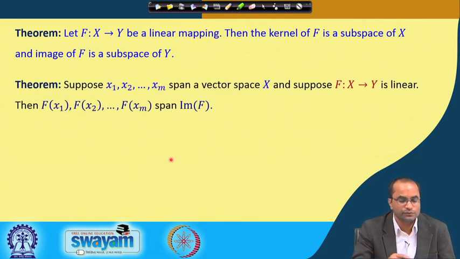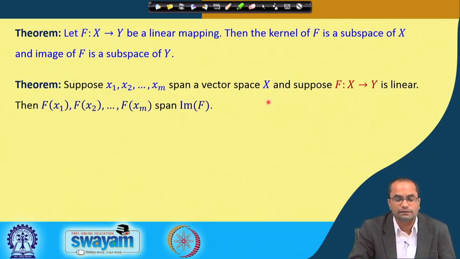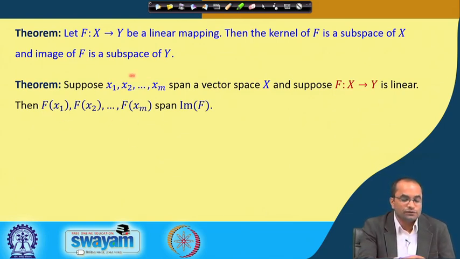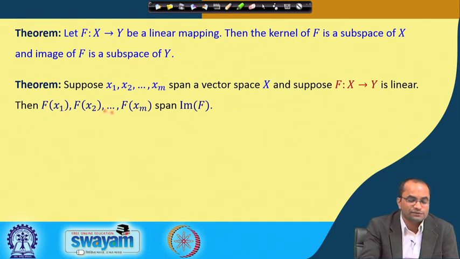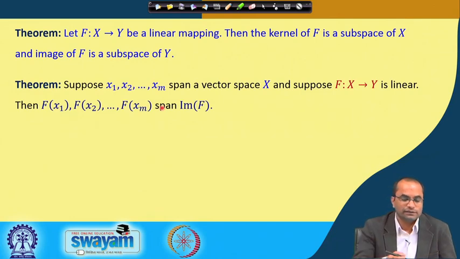There is another nice theorem which will be used later: suppose x 1, x 2, x 3, up to x m span a vector space X, and suppose F is a linear map. Then the images of these vectors from X, f x 1, f x 2, up to f x m, will also span the image of F. That is a very nice point here.